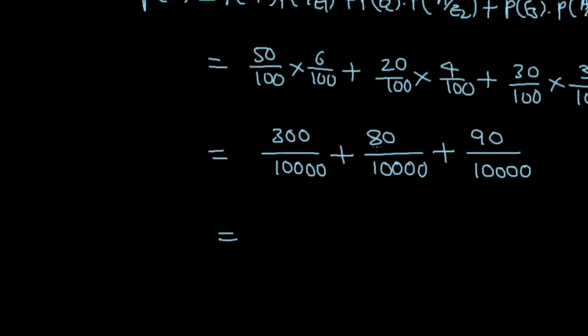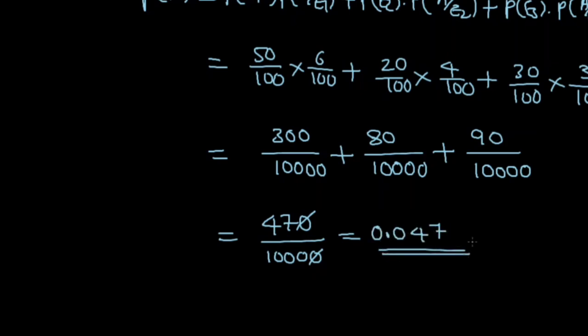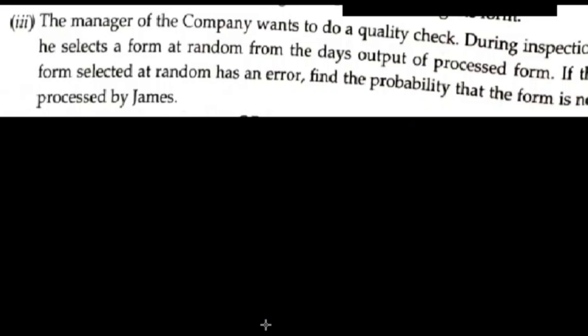So 300 plus 80 plus 90, that is 470 divided by 10,000. The zeros cancel, so after three-digit decimal we can write 0.047. This is the probability for the second question.